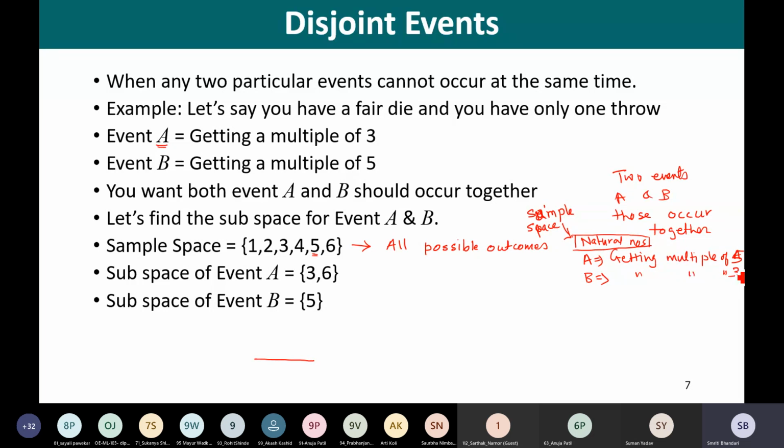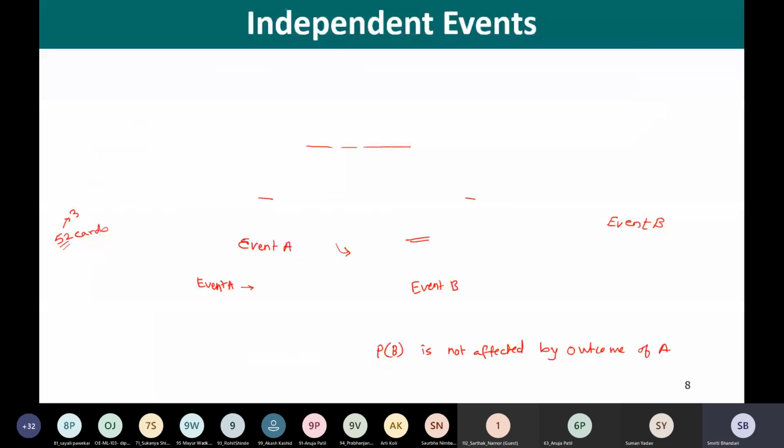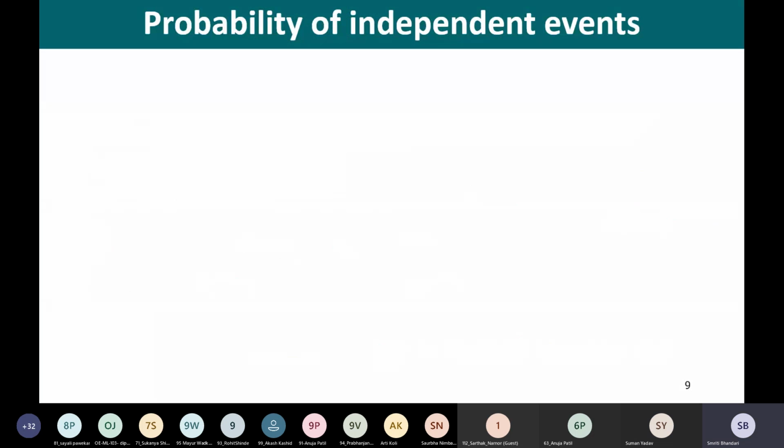But in your case, if the sample space is natural numbers, then getting a multiple of 5 and a multiple of 3 simultaneously can occur. So in this scenario, they are not disjoint.